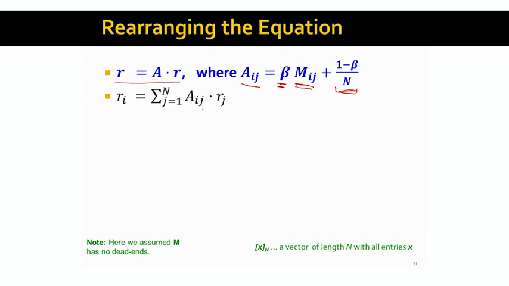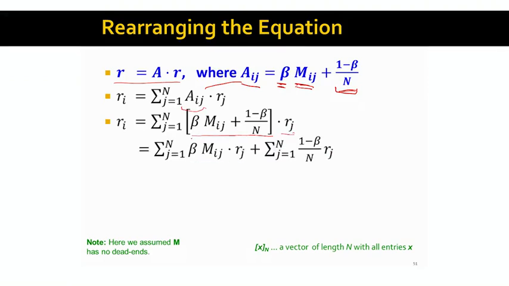What we will do now is take this A and expand it into the equation we have above. This is still simply a summation. Here I'm expanding the definition of A into how we computed matrix A, and I have my entry from the rank vector r. So now I can distribute the summation.